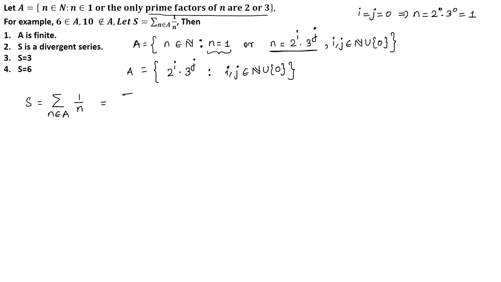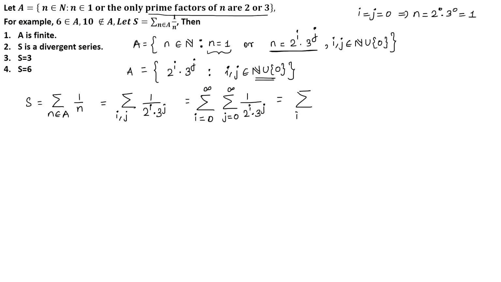So this is sigma over i and j of 1 by 2 raised to i into 3 raised to j, and i and j belong to N union singleton 0. So it is sigma i equals 0 to infinity, sigma j equals 0 to infinity of 1 by 2 raised to i into 3 raised to j, and then it can be simplified as sigma i equals 0 to infinity.